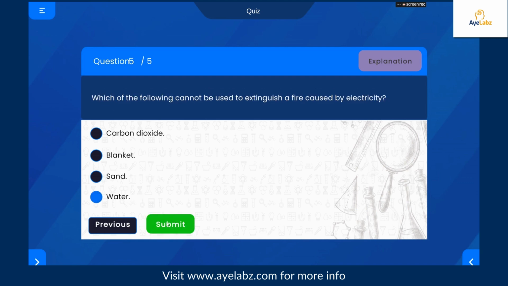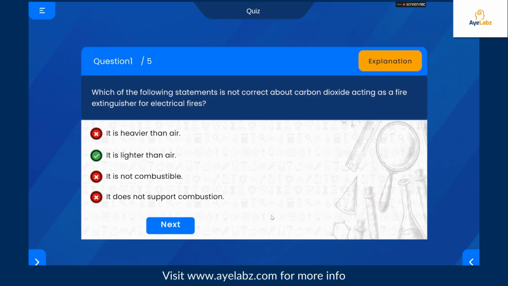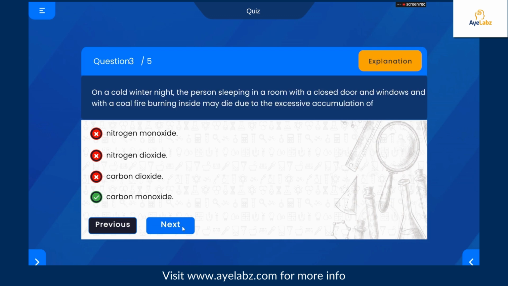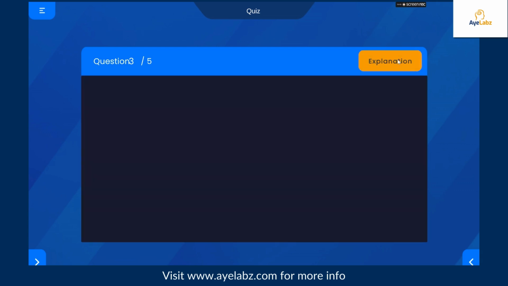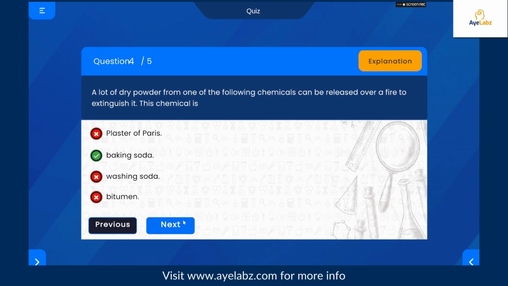Once you have attempted all 5 questions, click on submit to view your score, and you can also click on the check answer button to know which answers are right and which are wrong. And you can also click on the explanation button to view the explanation of the question where needed.